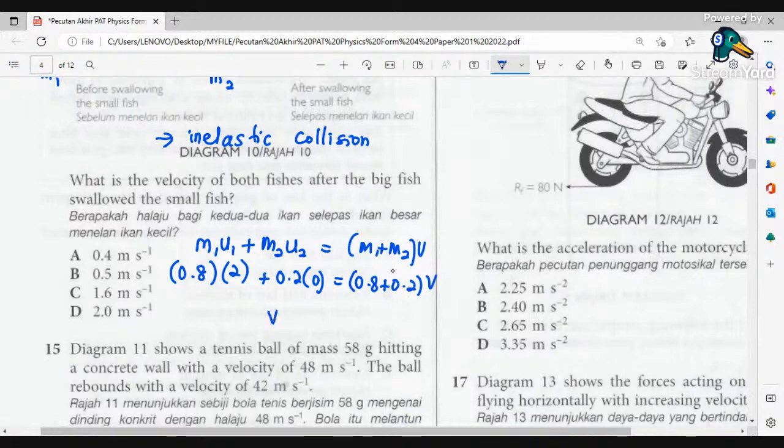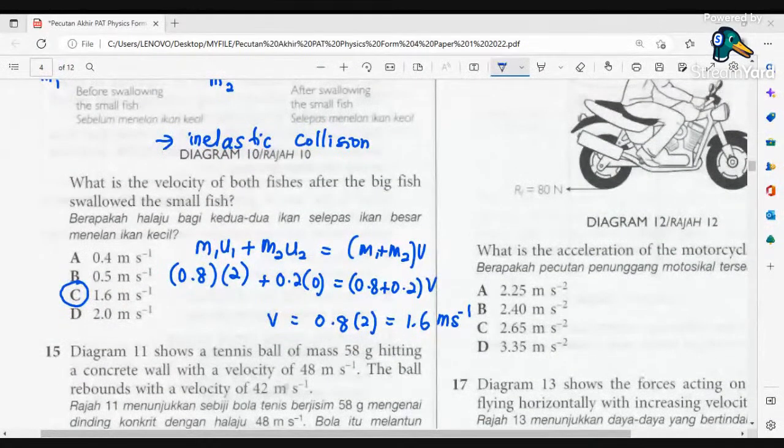Okay, so we get V equals to 0.8 times 2. We get 1.6 meter second negative 1. So means after swallowing the small fish, okay, the big fish move at velocity of 1.6 meter second negative 1. Okay, C. Means continue in the same direction. If suddenly you get negative answer, means after collision, move opposite direction. Okay. Any question? Ada soalan tak?